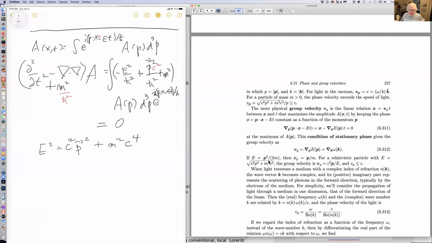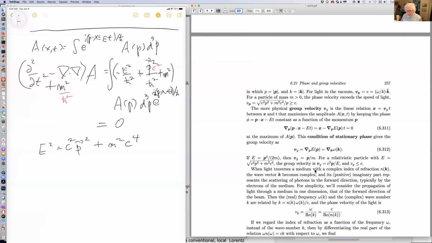Now, non-relativistically, E is p squared over 2m, so the group velocity is then the p gradient of this, and that's just the momentum divided by the mass, which of course is what you normally mean by the physical velocity.